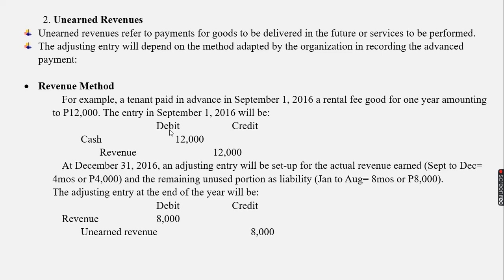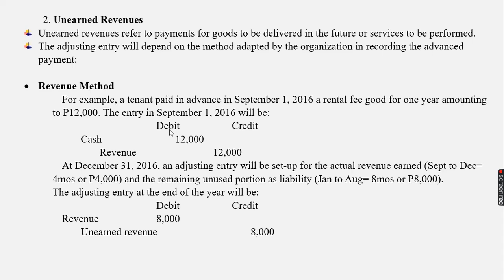Syempre, at the end of the month, kailangan mo siyang i-adjust. At December 31, 2016, an adjusting entry will be set up for the actual revenue na earn mo. Kasi, syempre, September 1 siya nagbayad. September, October, November, December.